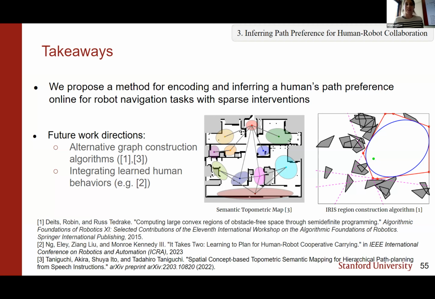There are a lot of interesting directions for future work here, where we can try to integrate this with other ways to compute these sets that are maybe more relevant. There's the area of semantic topometric mapping that's interesting. There are also other region construction algorithms that we could use to obtain larger sets. So these are very interesting directions in which we could take the problem.